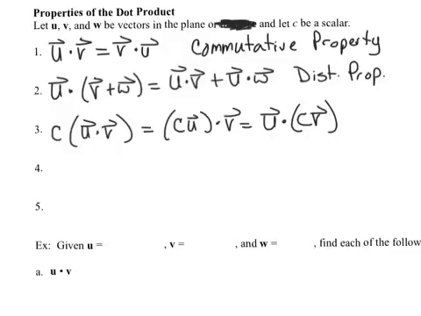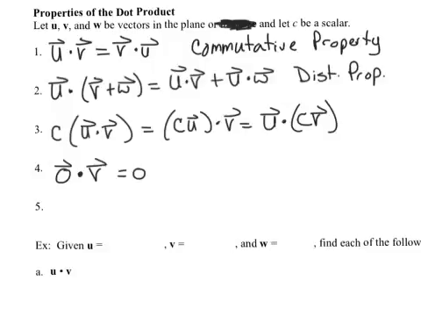The next property is the fact that I can multiply a scalar, and the point of multiplying the scalar doesn't really matter when you do the final dot product. So scalar c times the dot product of u and v is the same as multiplying u by c and then taking its dot product, or multiplying v by c and then taking the dot product. So a scalar can be applied at any point.